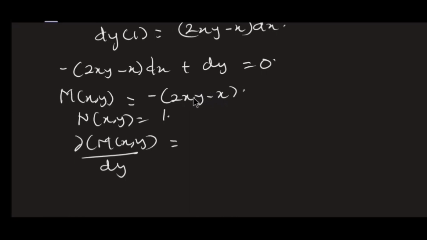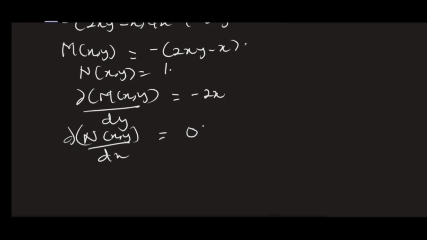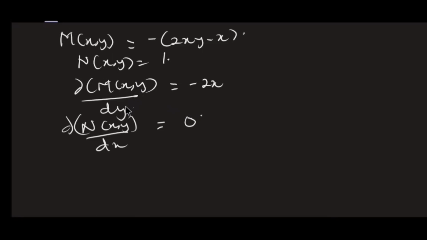And this one, I'm going to have negative 2x, because when I differentiate, the y becomes 1. When I differentiate my N of x,y with respect to x, it is a constant, so it's obviously equal to 0, right? So since my ∂M/∂y is not equal to ∂N/∂x, my equation is not exact. Now it is non-exact.